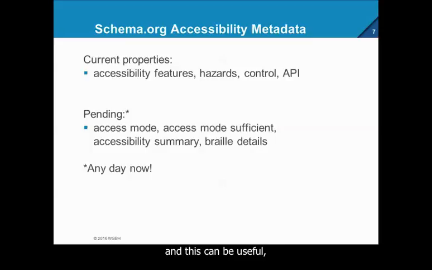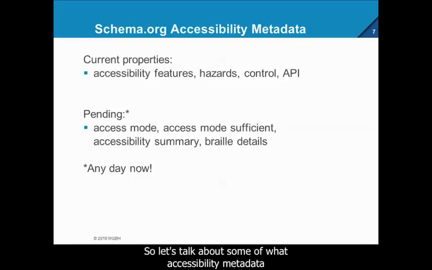This can be useful when there's kind of a nuance to the accessibility that isn't clear from the rest of the metadata. In addition to that, we're working on some expansion of the Braille terminology to make it easier to indicate for resources that are pre-formatted Braille files what kind of Braille is inside, since some users can read one kind and not another.